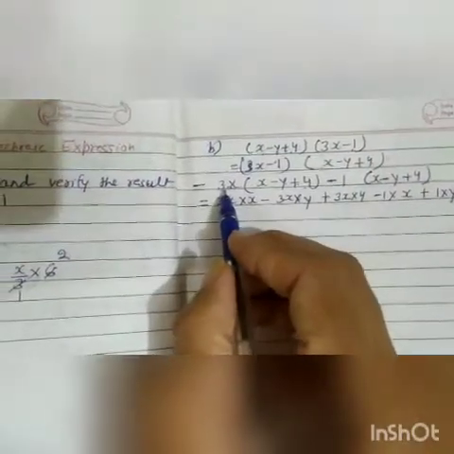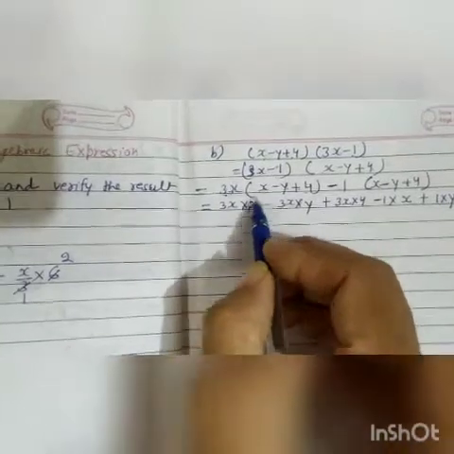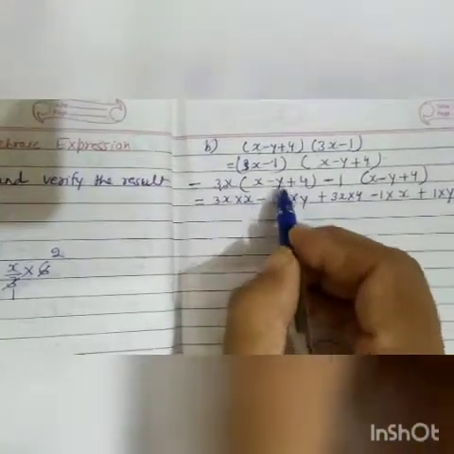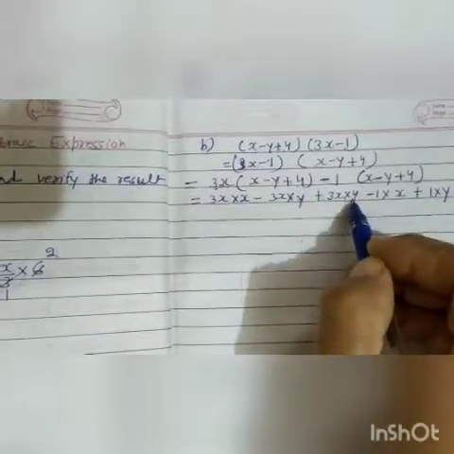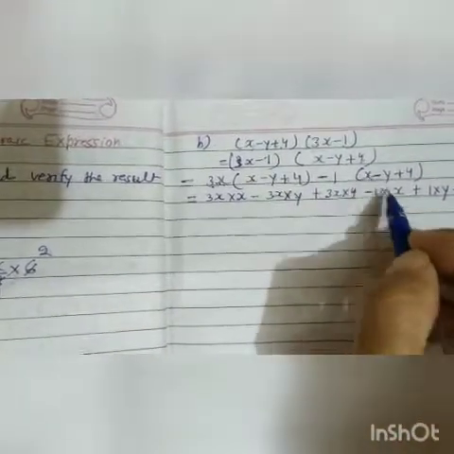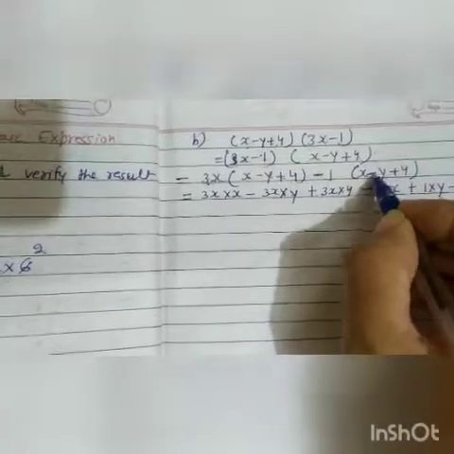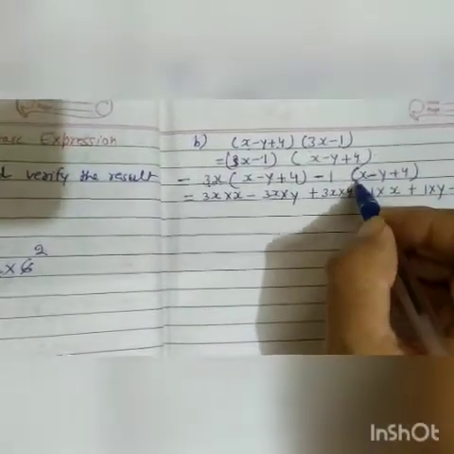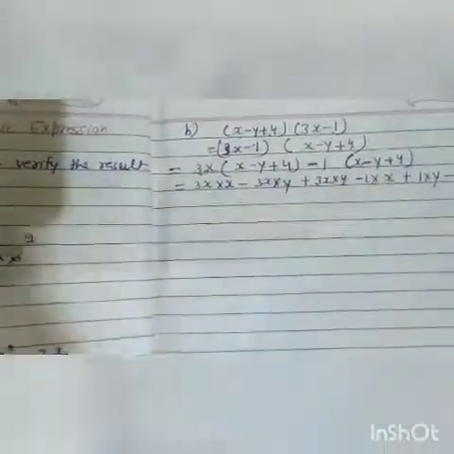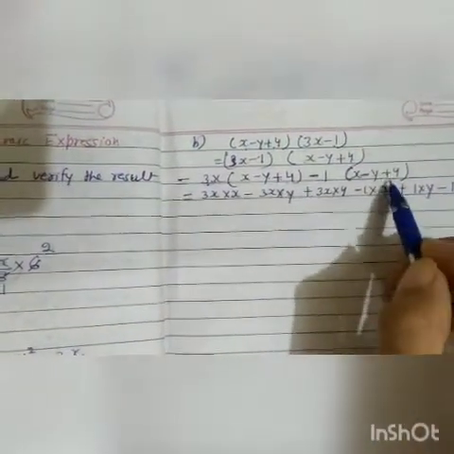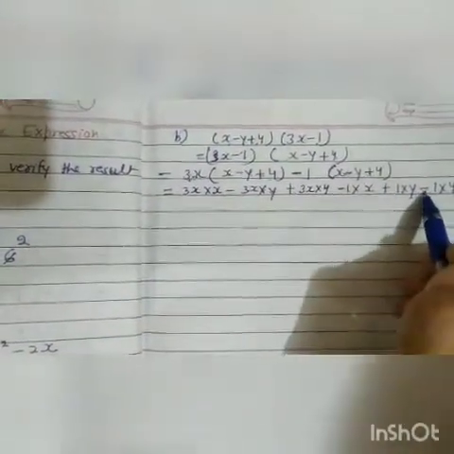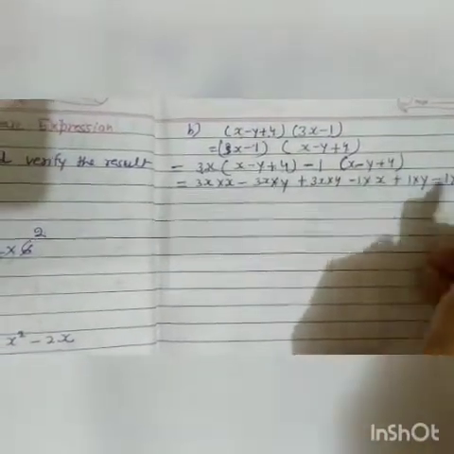Again see, this 3x multiplied by x, minus 3x multiplied by y, then plus 3x multiplied by 4, minus 1 multiplied by x. Now this minus will become plus because outside this bracket there is a minus sign. So plus 1 multiplied by y, then this plus will change to minus 1 multiplied by 4.